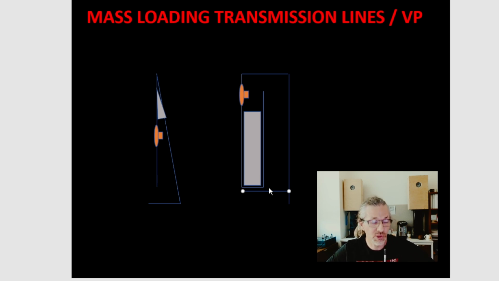The difference between an untuned transmission line or a Voigt pipe that is not tuned to a room, where you just get something, order it on the internet, plug it in your room, can be literally night and day.